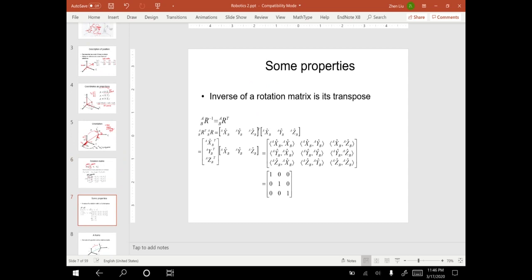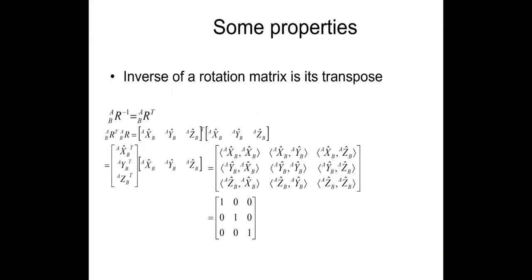So there are some properties of a rotation matrix. First of all, the inverse of a rotation matrix is its transpose. So why is that? It is because we can do the calculation.